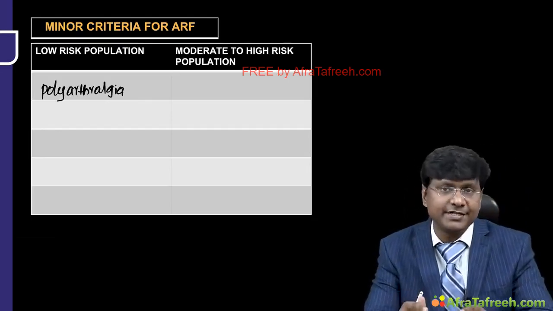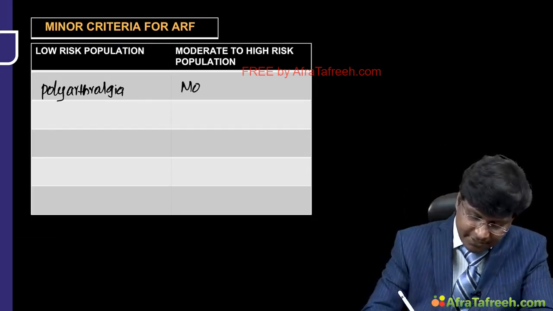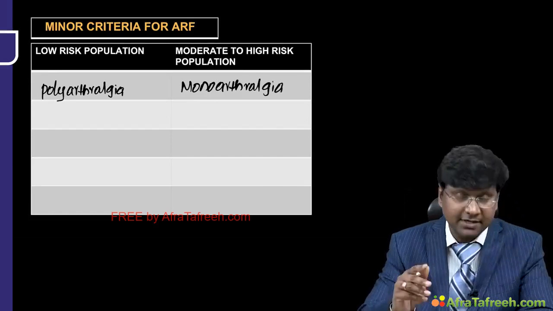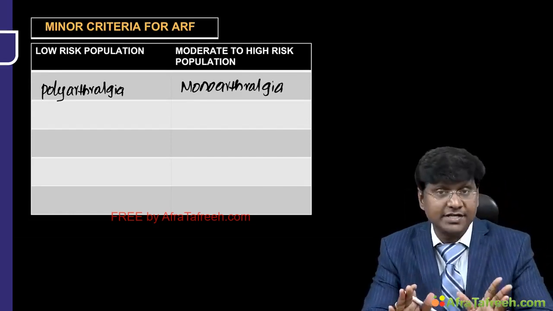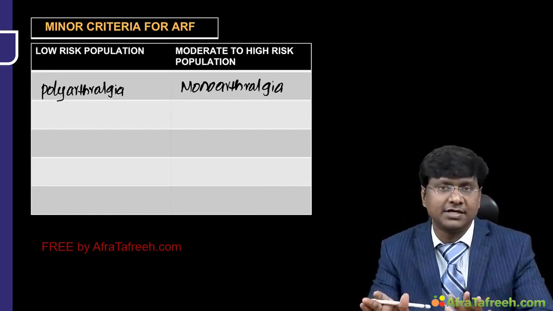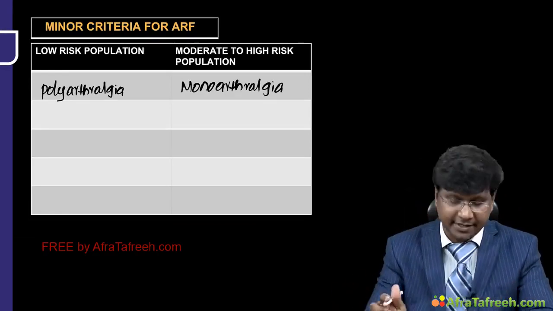But for moderate to high risk population, it should be monoarthralgia, right? For low risk it should be poly, whereas for moderate to high risk, even monoarthralgia is there. We can take it as minor criteria.